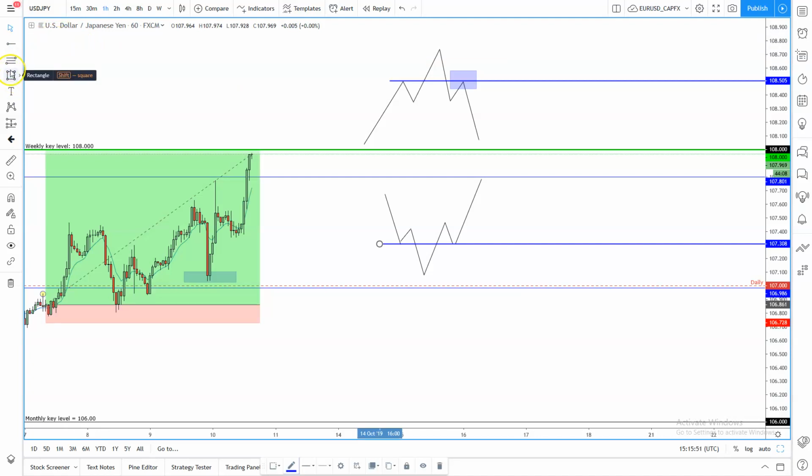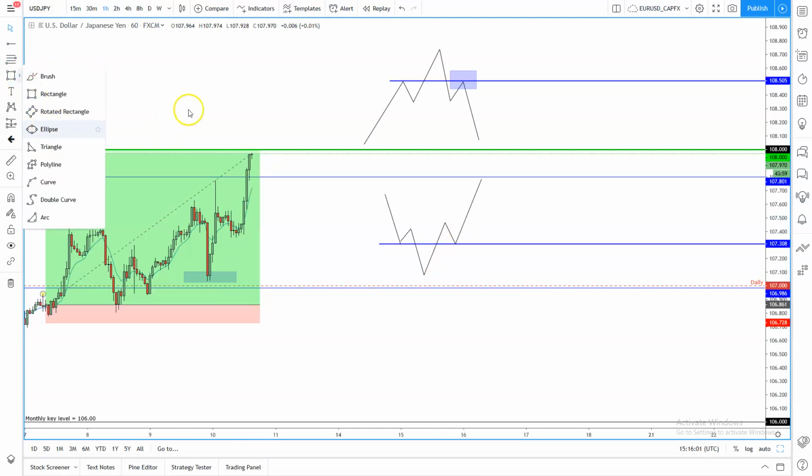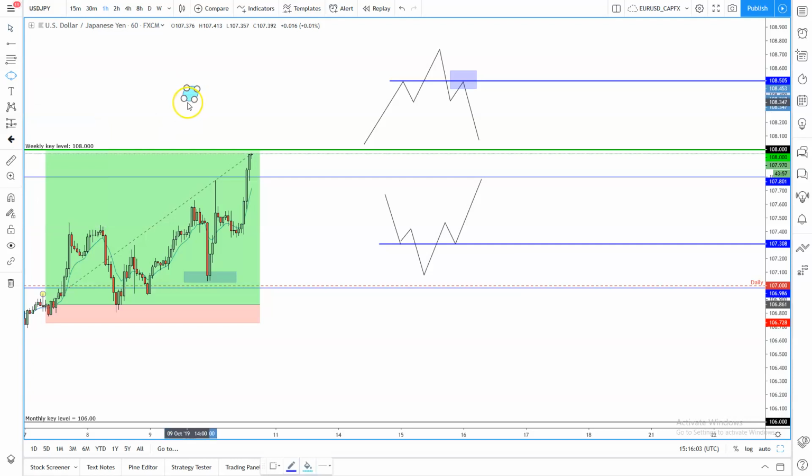In terms of entry, because the entry part is the one that's really important, we should be looking for entries along the right shoulders. So entries here or here on the right shoulders.